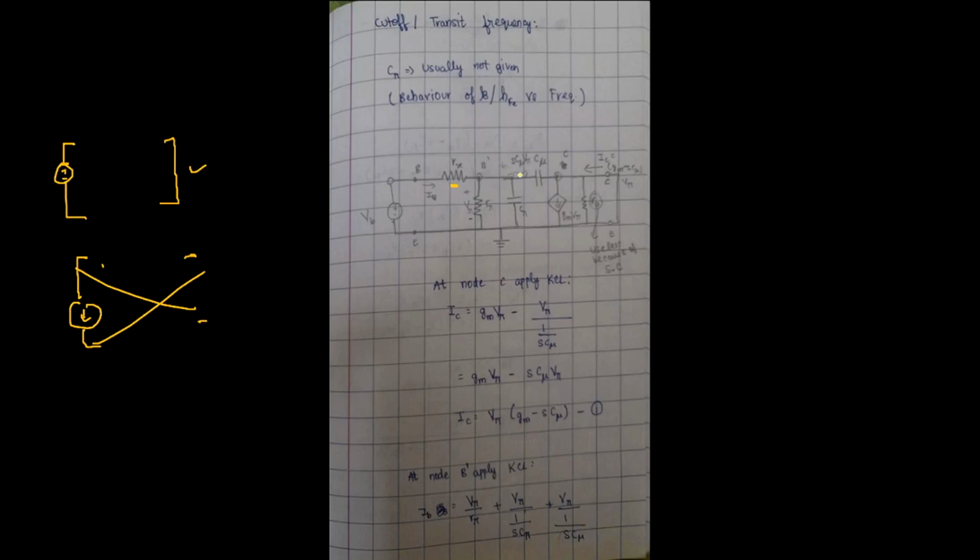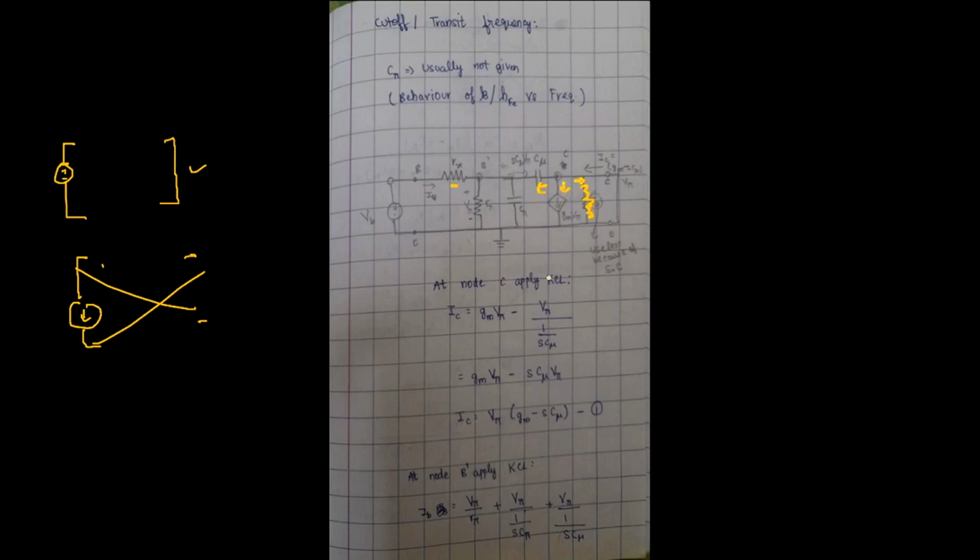Okay, so now let's try and obtain the characteristics of this. We can remove this particular resistor because of the short circuit that is connected in parallel. So we have a point C here. So let's apply KCL here. We can see that current flows in three different directions at this point.